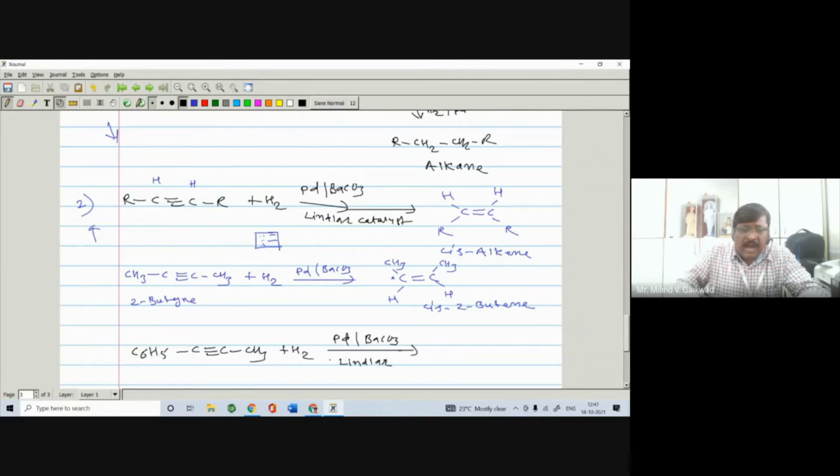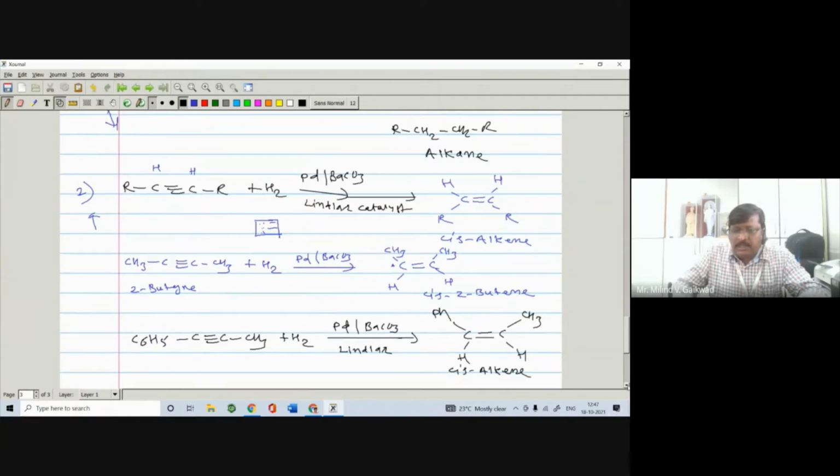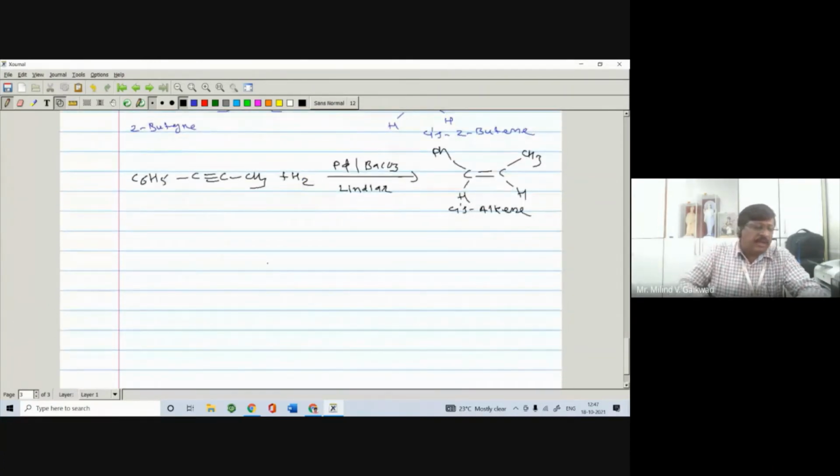Then the addition of hydrogen will take place from the same side, H, H, and the triple bond becomes a double bond, with C6H5 here and CH3 here. Means you can get the cis alkene compound. So this is the hydrogenation reaction.